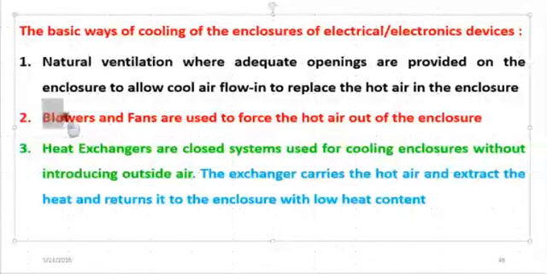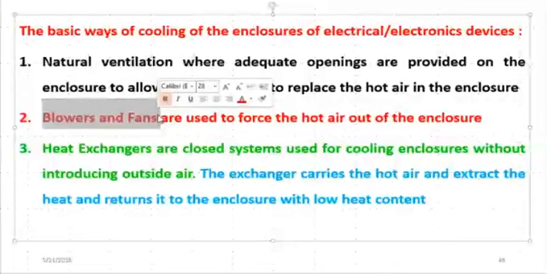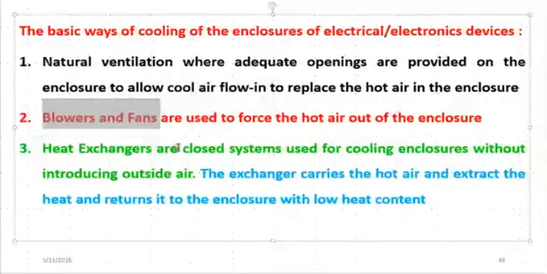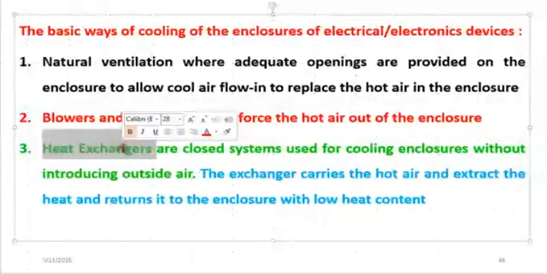The second method is using blowers or fans. The blowers or fans are electric motors that normally produce air that pushes out the heat inside the enclosure to the outside surroundings, thereby reducing the temperature in the enclosure. And the last one is what they call heat exchangers.